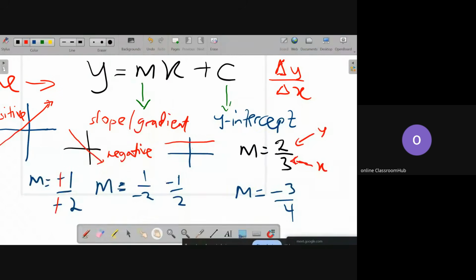Okay. I am saying that this is a fraction. If you have 1 over negative 2, the negative is affecting the entire body. This is one entity. 1 over 2 is one body. So the same as negative 1 over 2.